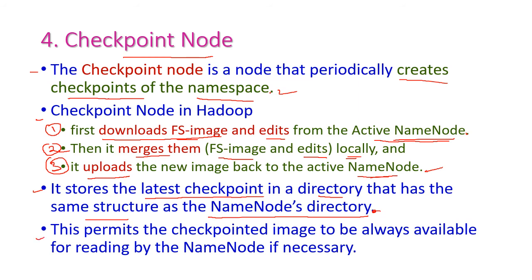And this permits the checkpointed images to be always available in the checkpoint node for reading by the name node whenever it requires. So these are the importance of this checkpoint node.